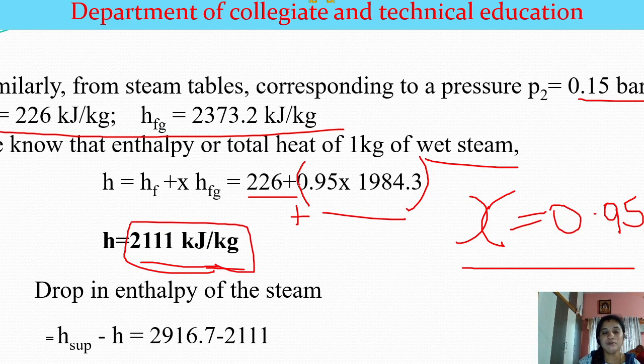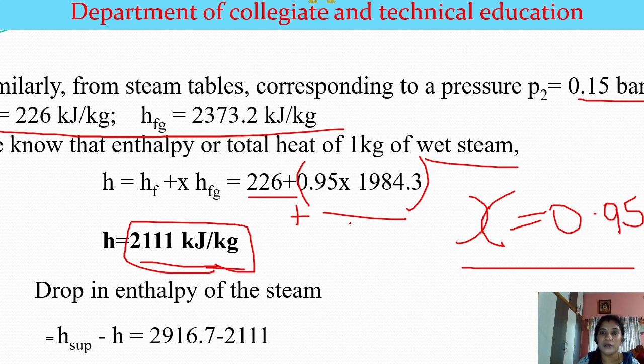So next, they have not asked us to find the enthalpy, but they have asked us to find the drop in enthalpy. How much enthalpy was reduced when I compare the entry and the exit. That is the question they have asked.